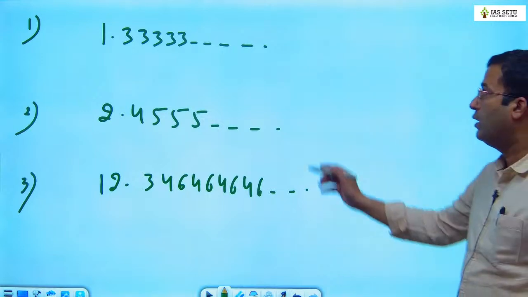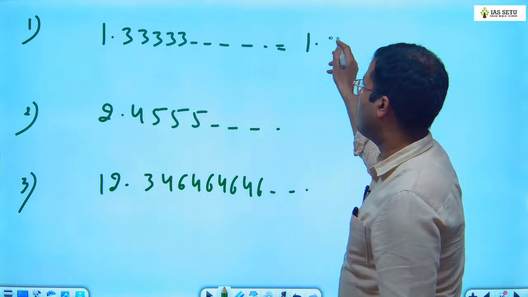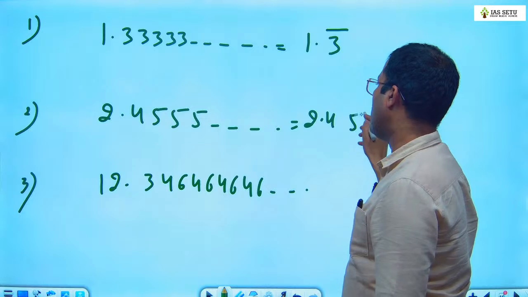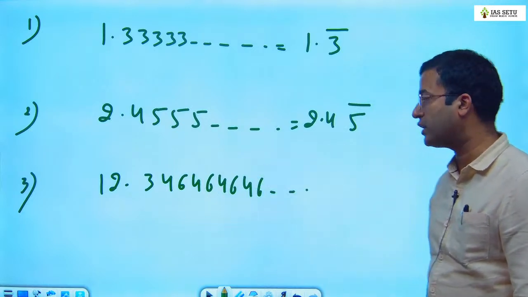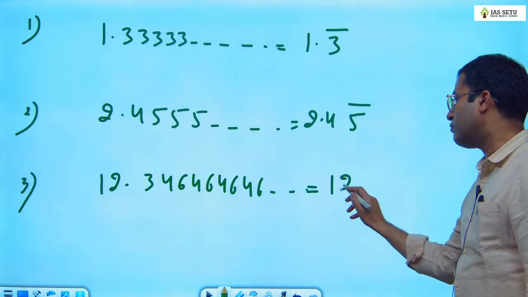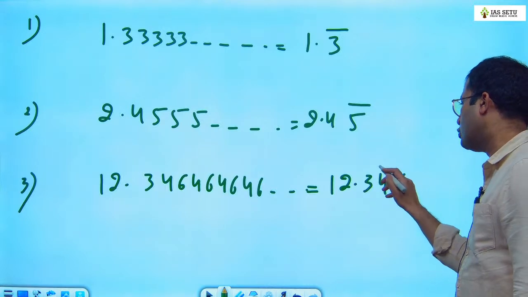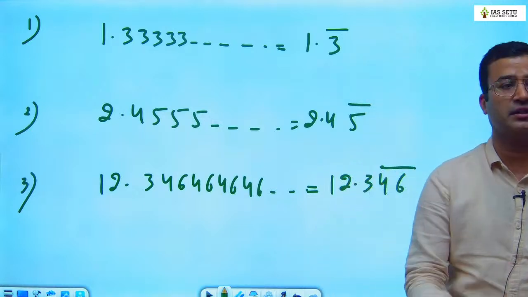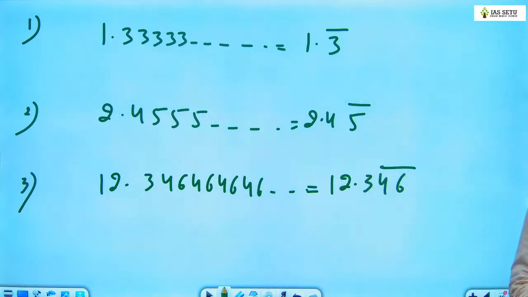Fine. So what we will do, 1 point bar on 3. This is 2.4 bar on 5 because 5 reoccurs again. This is 12.3 bar on 46 because after decimal a recurring digit is here, so it reoccurs again.